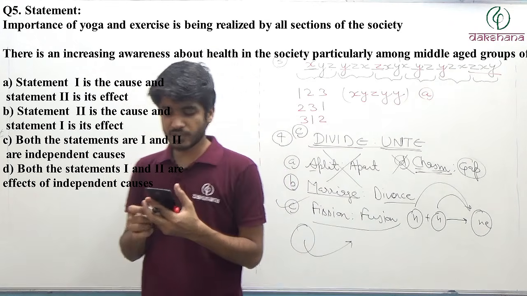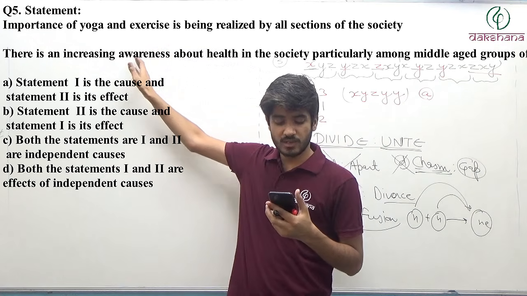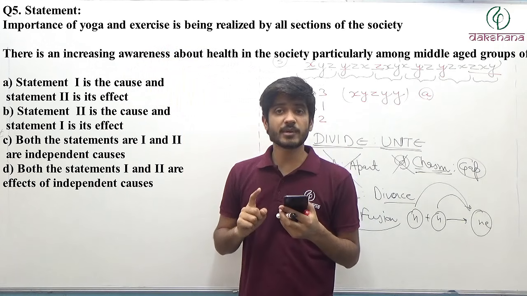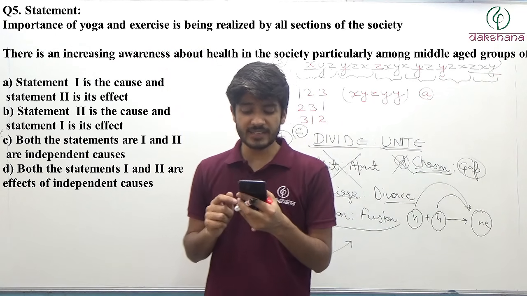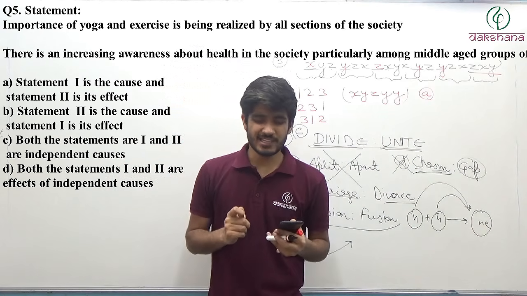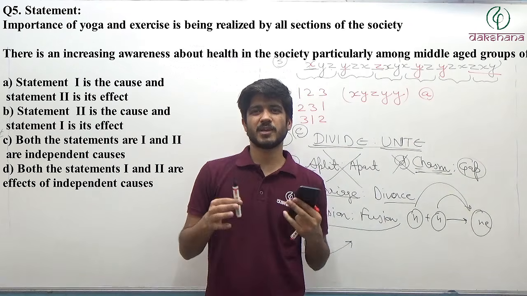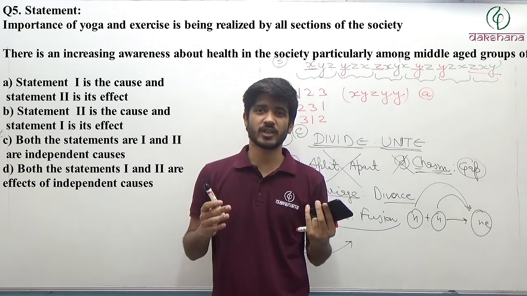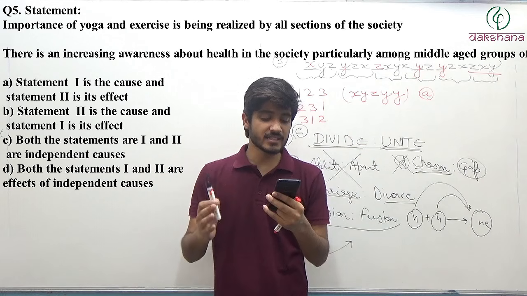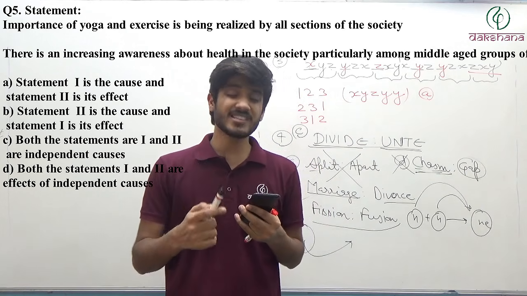If you look at question number 5, it's right here on your left side. Statement 1 says the importance of yoga and exercise is being realized by all sections of the society. So everybody is feeling that yoga is important. Everyone in the society is feeling the same way. Fine, this is statement number 1.